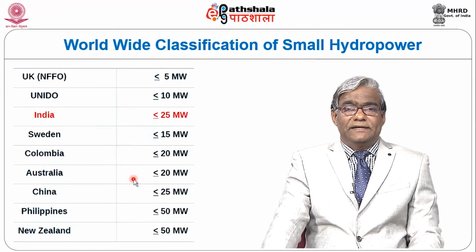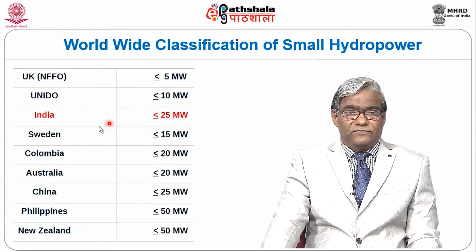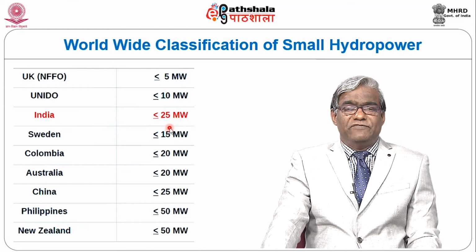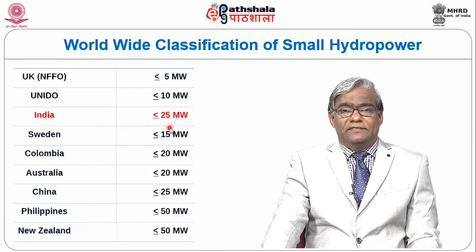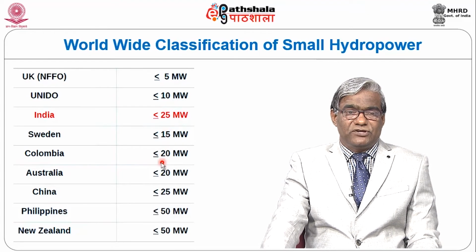And this is the worldwide classification of small hydro power. In India, when it is lesser than 25 megawatt capacity, then it is coming under small hydro power, and it varies country to country.